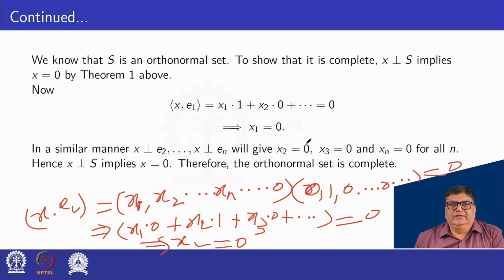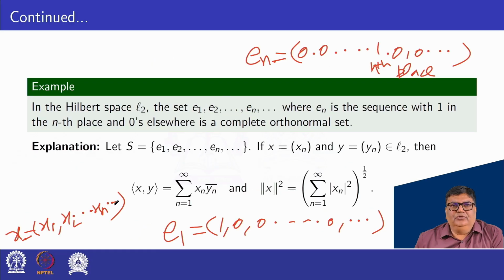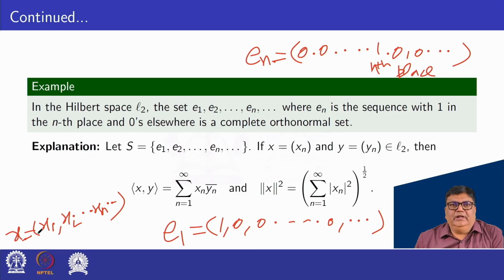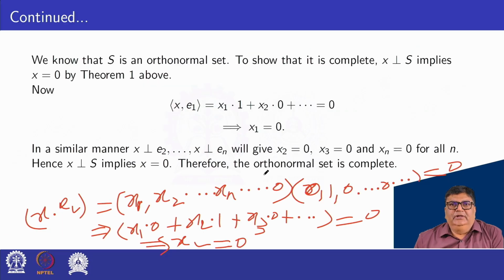Similarly, x3 is equal to 0 and so on, xn is equal to 0. So x equal to x1, x2 and so on, where x1 is equal to 0, x2 is equal to 0, that is vector x is equal to 0. Therefore, the orthonormal set is complete.